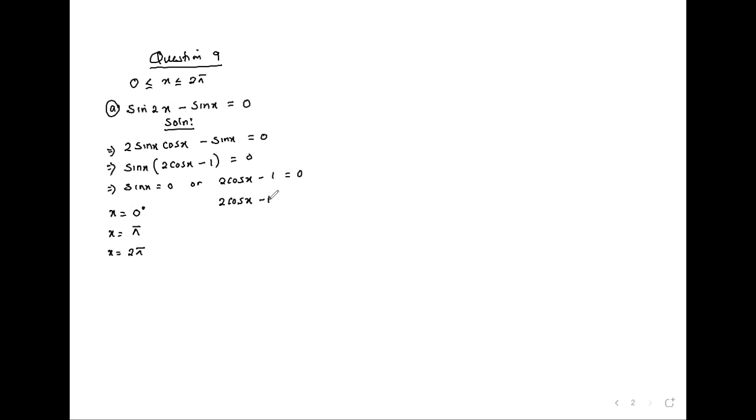Then from there, we go to 2 cos x minus 1 is equal to 0, meaning cos x is equal to half. Now we must look at which angle gives us half. Of course, we start with the first quadrant. So where in the first quadrant do we get a half?